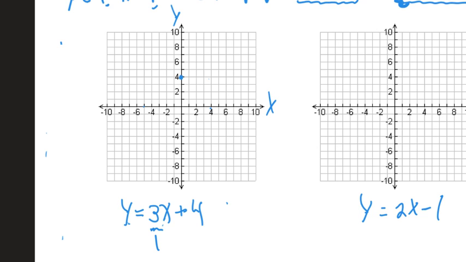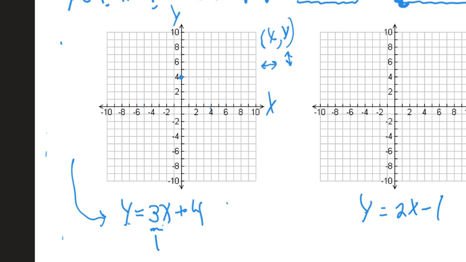This is all of the, remember we have x's and y's. X is how much over and y is how much up or down. So this is my x. So for example, I'm going to show you, I have down here my 3 and 1.